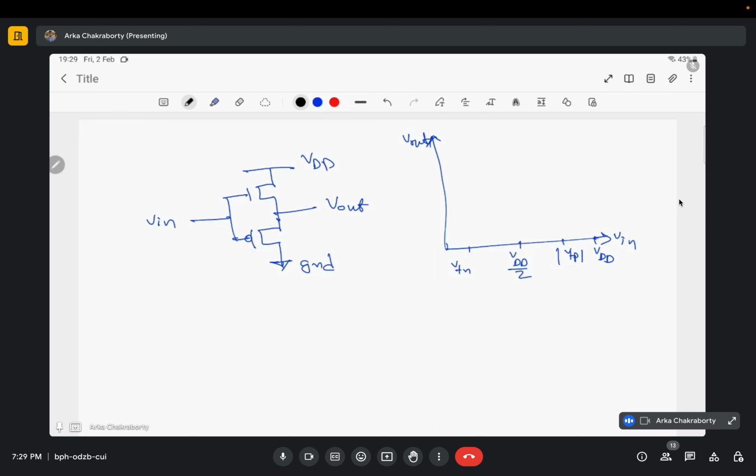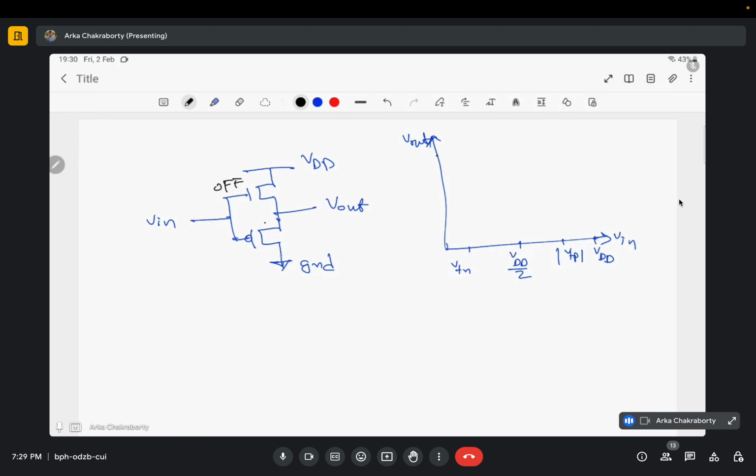So when my V input is less than VTN, the NMOS is off, and the PMOS is on. But will it be able to reach VDD? No, because in pass transistor logic, if you remember, my PMOS can only pass a weak 0.